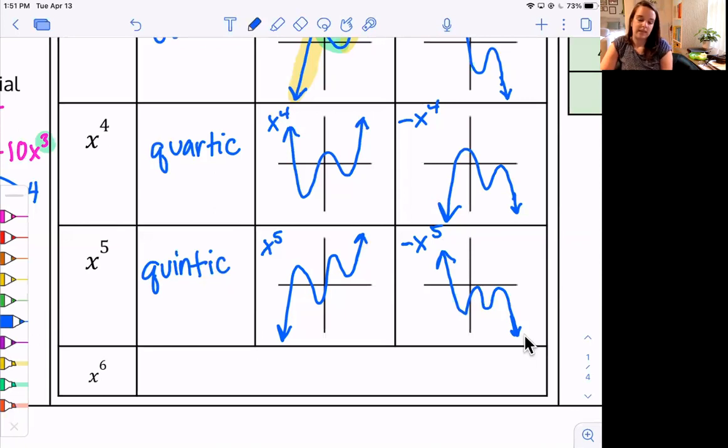Just like that. And again, they can be flat. They don't have to look like this. They could be like 1, 2, 3, 4, 5. They can look like that. But I'm exaggerating the ups and downs so that we can really understand that it has 5 parts. 1, 2, 3, 4, 5. Just like that.